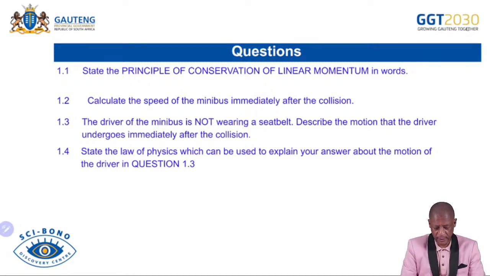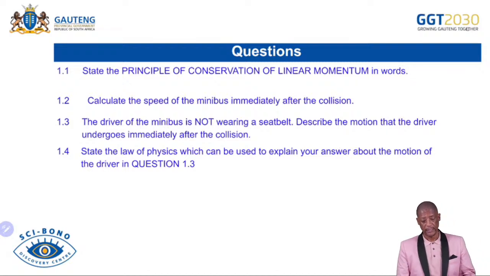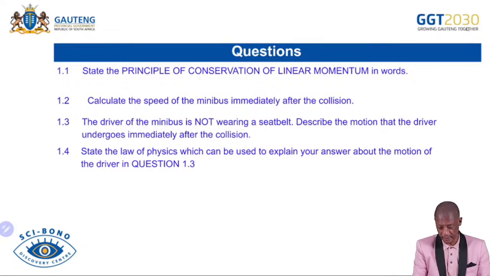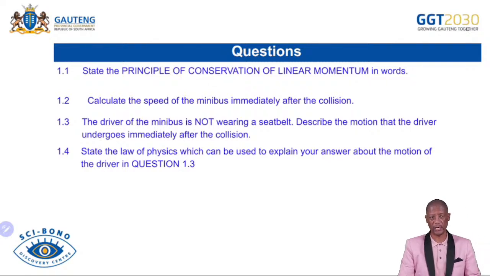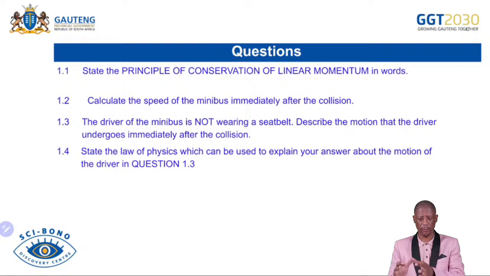First question says, state the principle of conservation of linear momentum in words. We know that linear momentum is the total sum of momentum before and the total sum of momentum after.